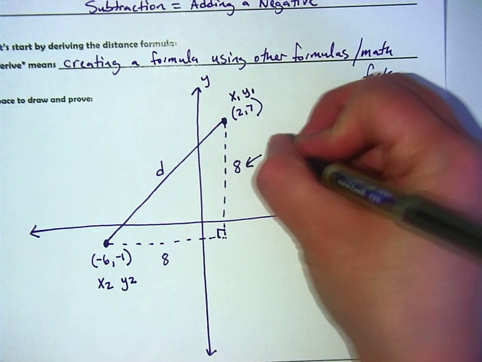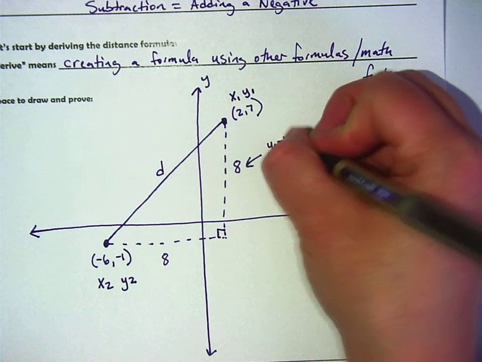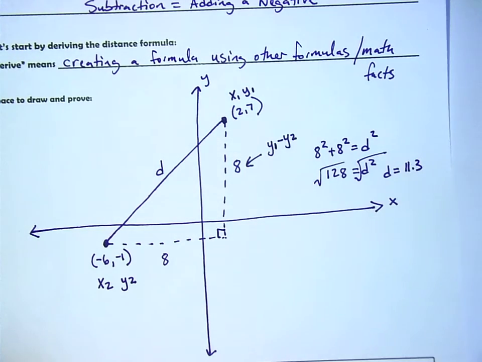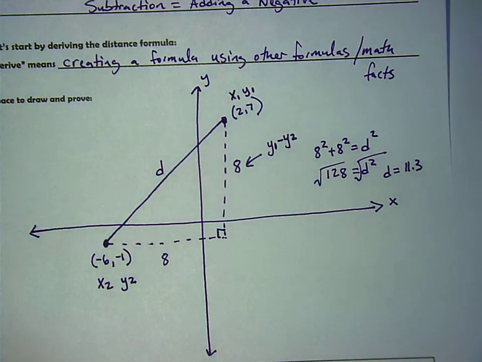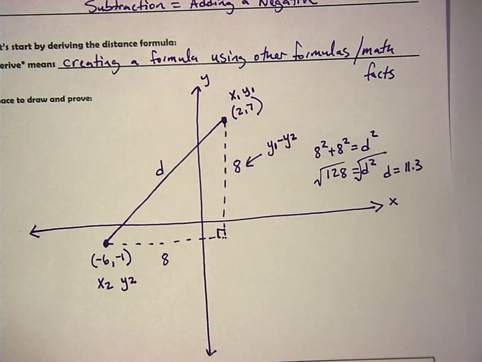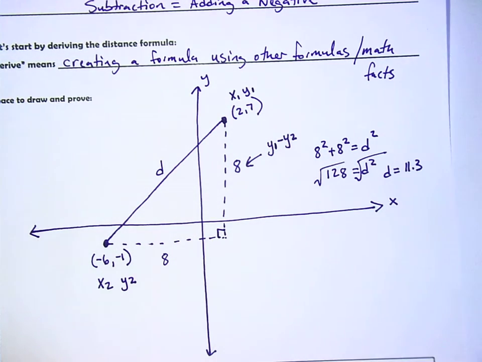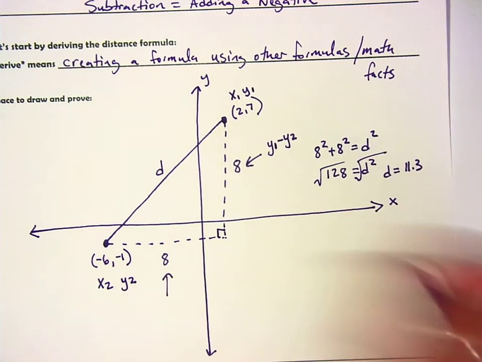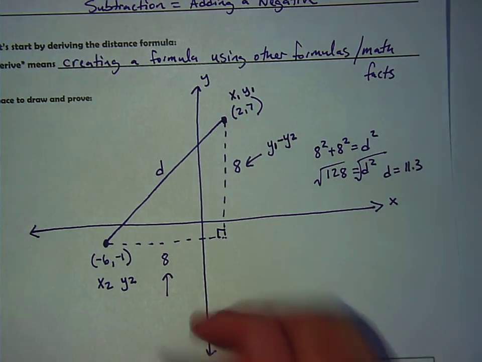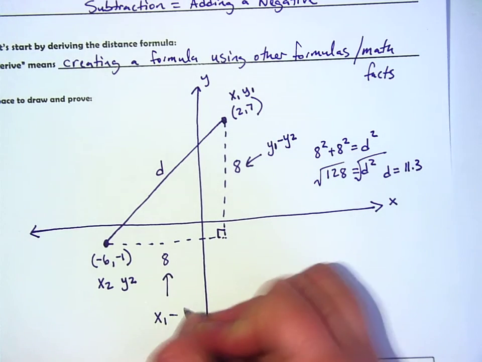Y1 minus y2. Do you guys understand what I mean by generalizing? I'm basically saying, look, instead of saying it's specifically 7, I'm going to call it y1 now. What would this one be? X1 minus x2.